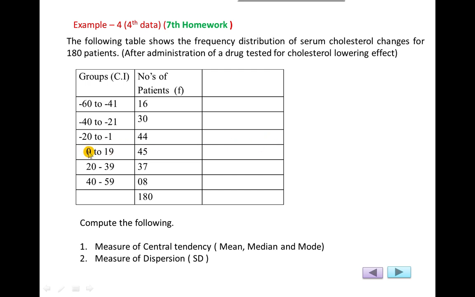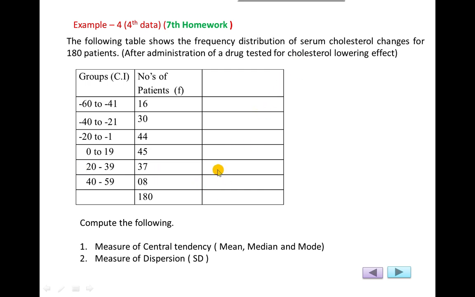If you subtract from 0, minus 0.5, then plus 0.5 here will be 19.5. Now this is the positive value. If you add 19 plus 0.5, it is 19.5, subtract 0.5 will be subtract, same as the positive data, first and second data. We will obtain class boundaries.